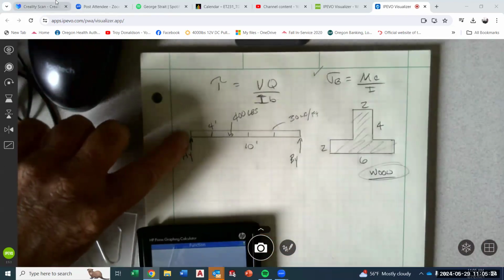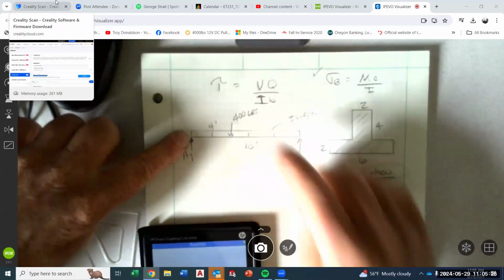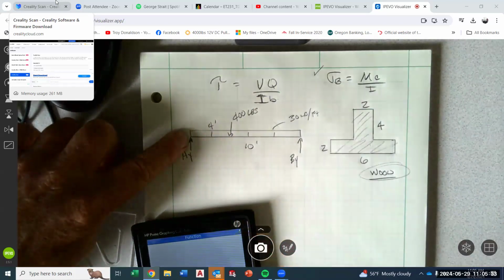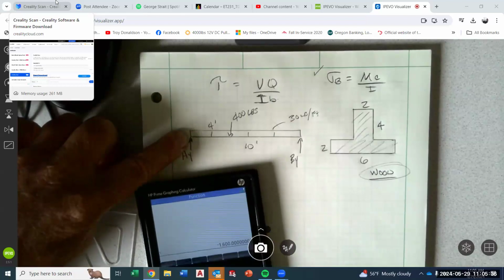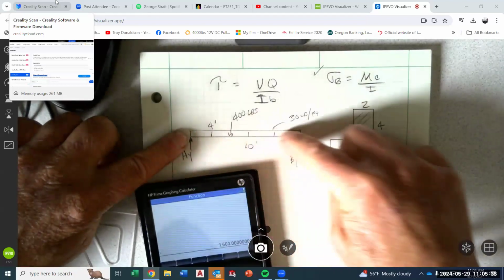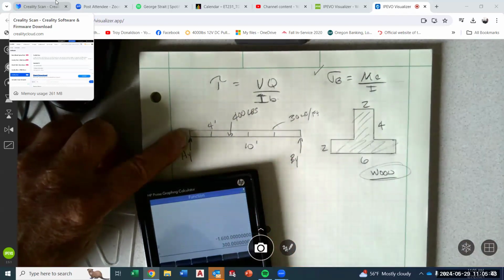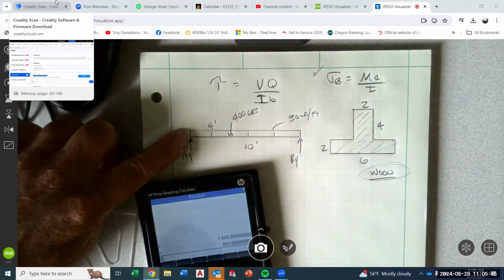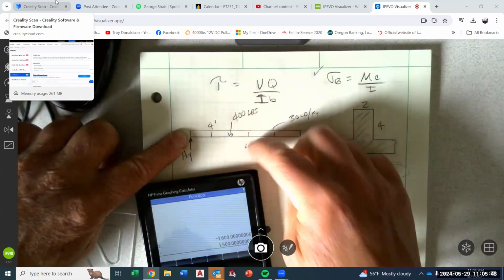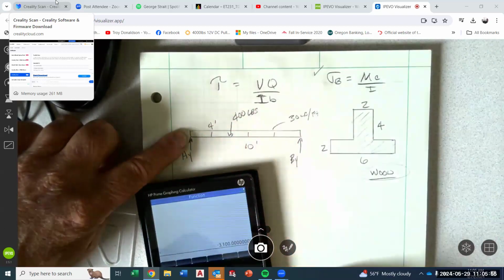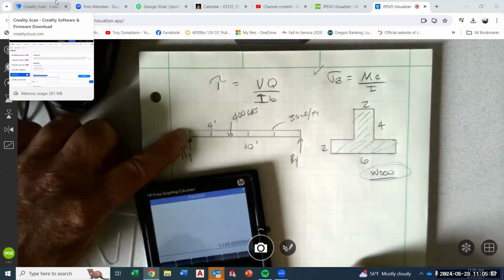So doing moments about here, we're going to have 400 times 4 feet, and that is a negative, right? And then we're going to have this one, 30 times 10 times half, which is 5. That one also is going to be a negative. So there are my two negative moments. I'm going to add them together, and then I have BY fighting it all, so that's BY times 10.